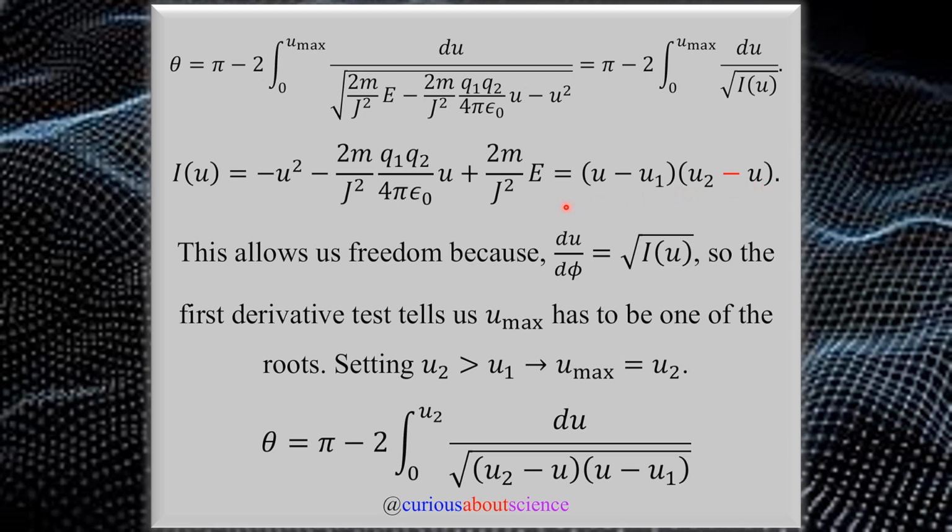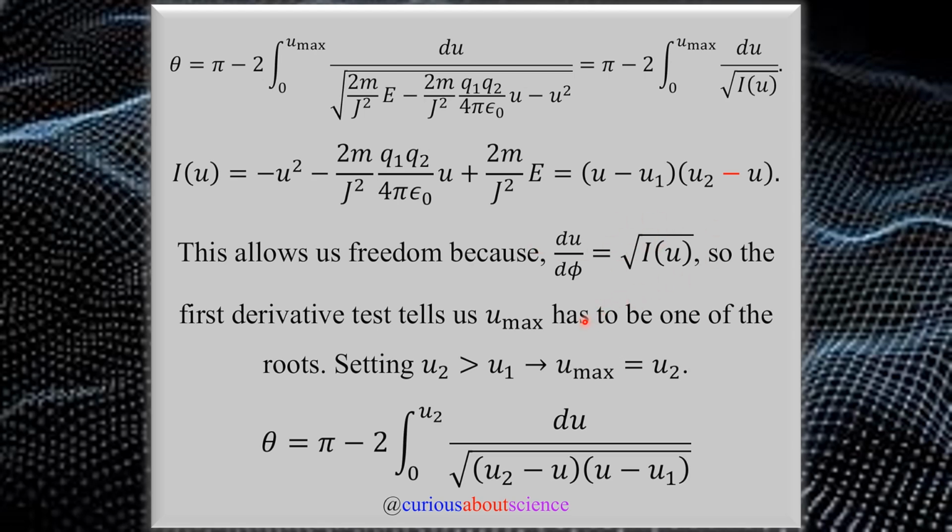Okay? And the reason why we want to use this as the way forward is because recall that du d phi was equal to the square root of 1 over I of u. And from that, we know that the first derivative would tell us that u max has to be one of the roots thanks to this here. Set that equal to 0, it has to be a root.